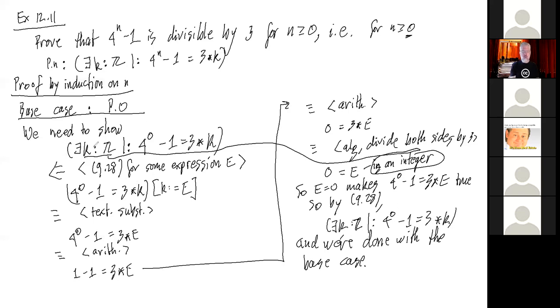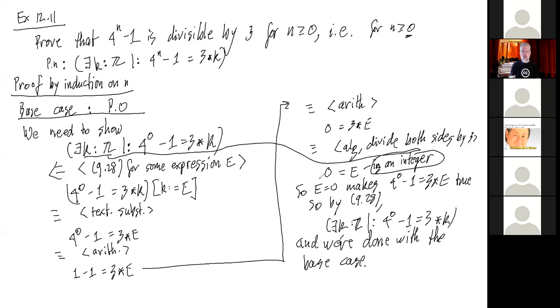We use 9.28 to say that would follow from the body being true with some expression in for the quantified variable. Then we use algebra to figure out what that expression is. And if we find a solution that has the right type, and you could fail to find a solution, maybe there just isn't one, or you could find a solution that's the wrong type. So you do have to be a little thoughtful about this. But in this case, we found a solution and it had the right type.